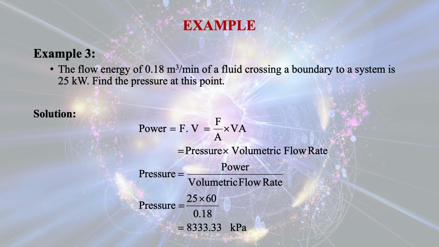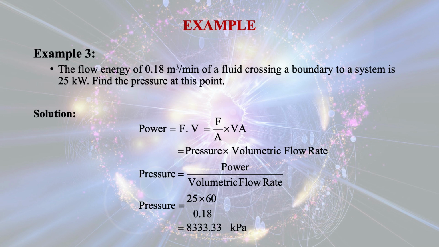So you divide F by A and multiply A with V. That means we are multiplying numerator and denominator both by A. So F by A, that is force per area, comes out to be pressure, and V into A, that is velocity and area, will be equivalent to volumetric flow rate. So from this expression you can calculate pressure is equal to power divided by volumetric flow rate.